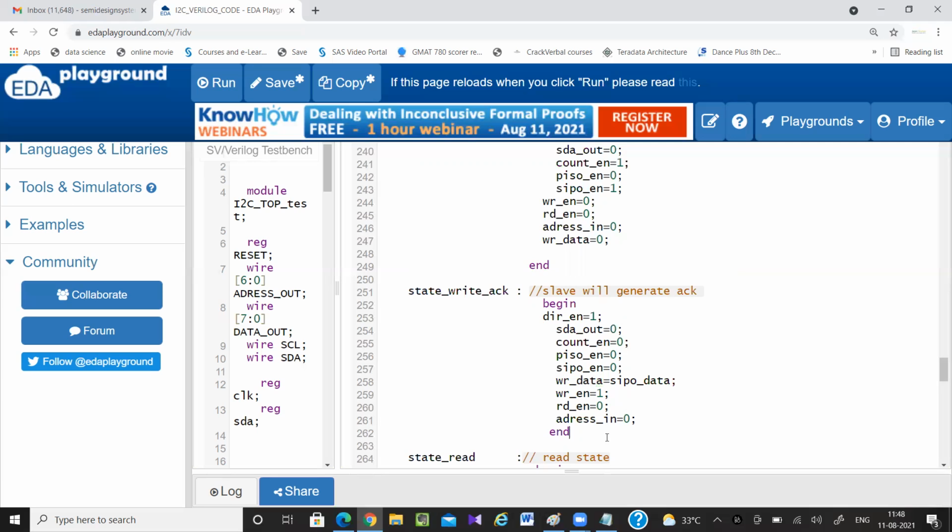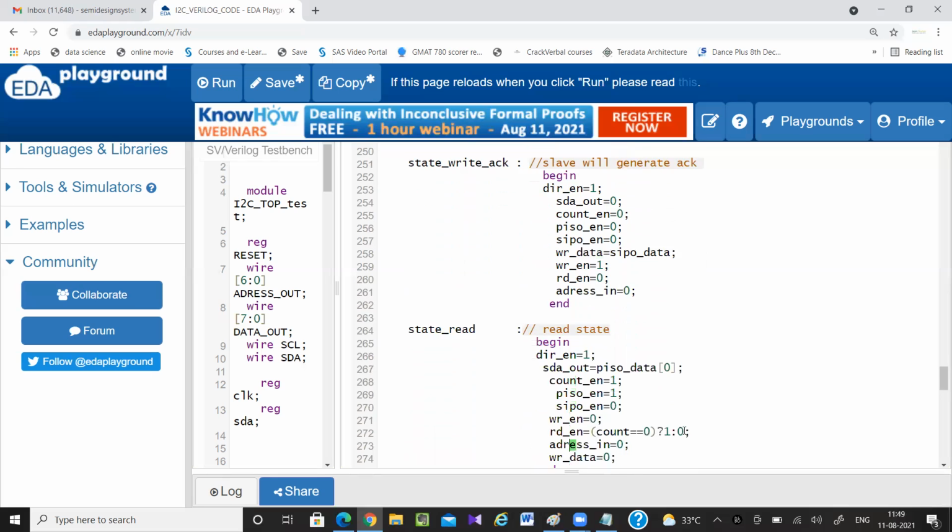So in the next clock cycle, here I have made write enable equal to 1. So now at this state, data will get written to the memory. I have my write data and here I have my address. With respect to that address, my data will get stored.